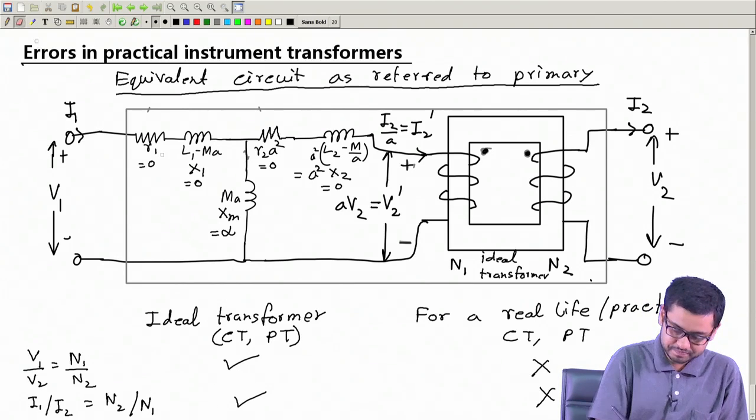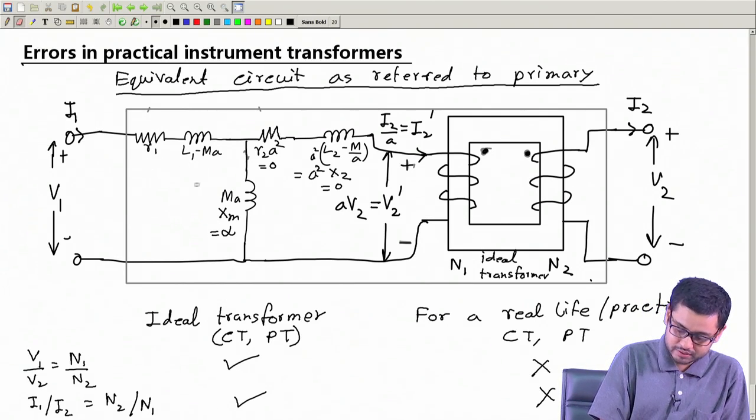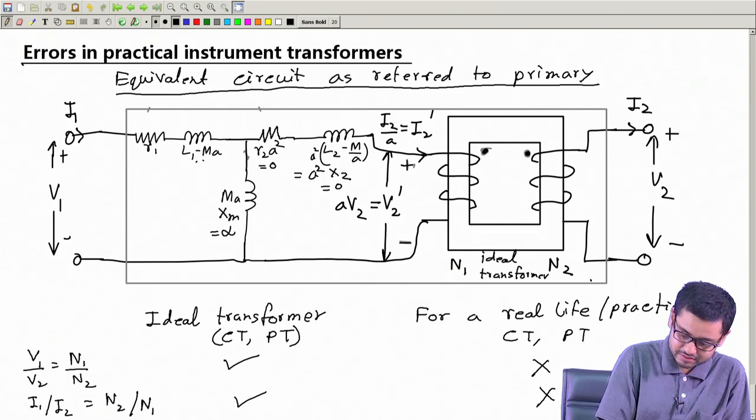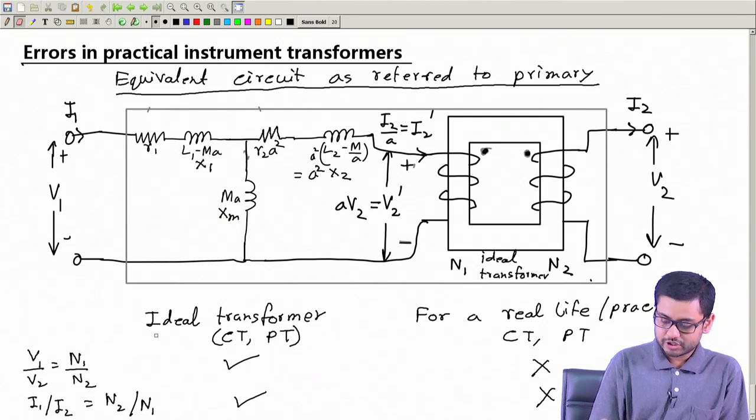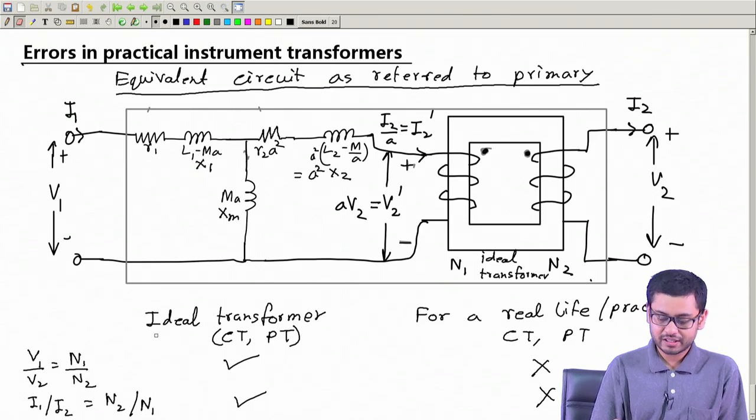And one more thing I will mention is that this circuit is actually for an air core transformer. The equations that we developed yesterday and this circuit are for an air core transformer, which has no iron core, no core loss.